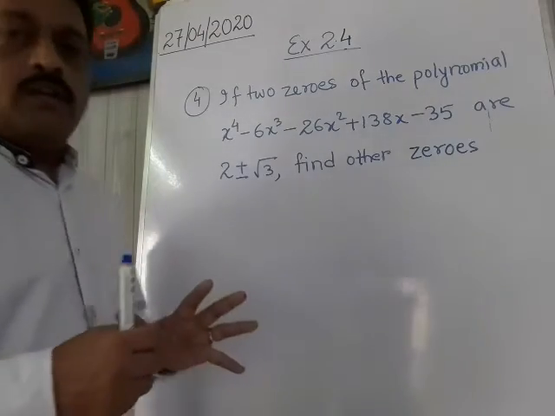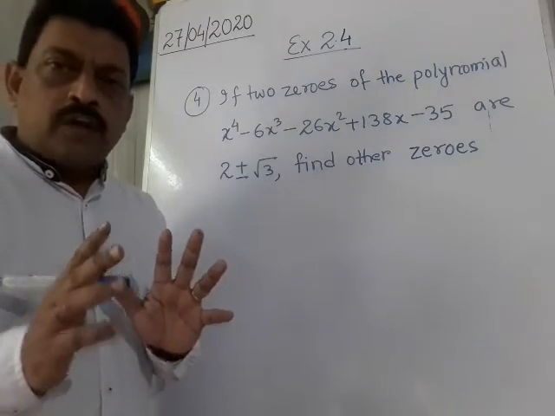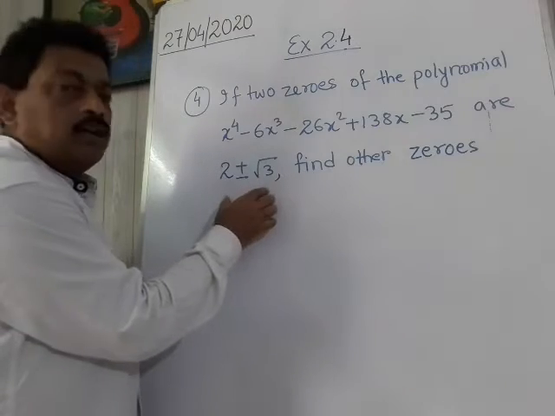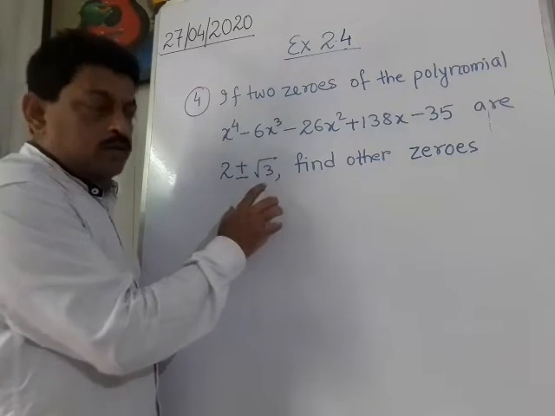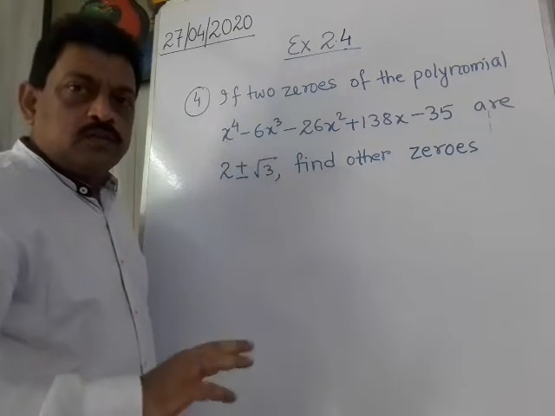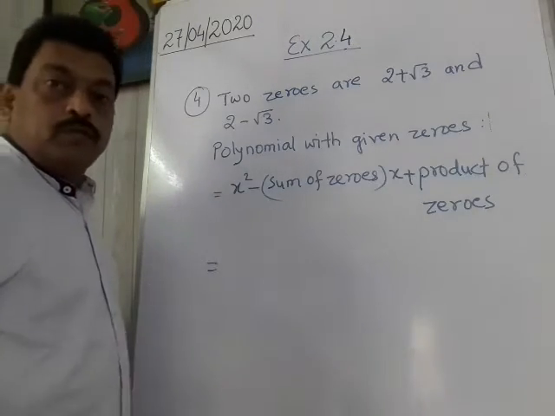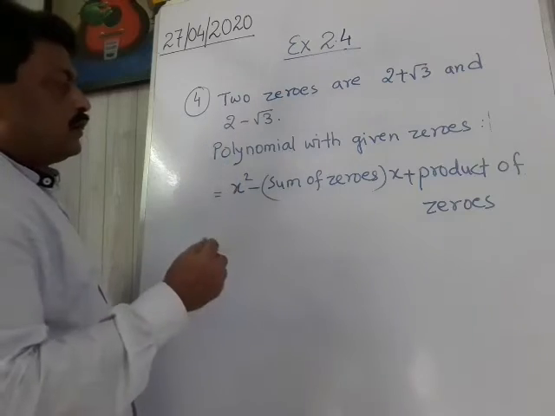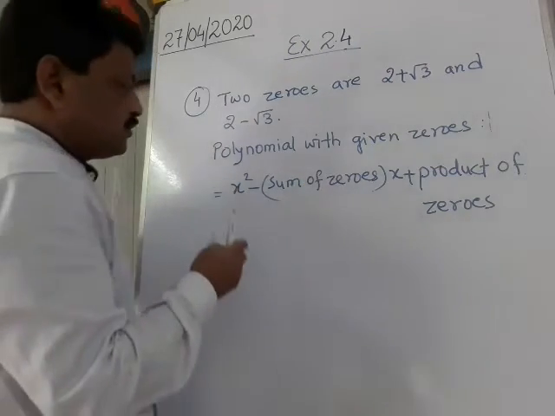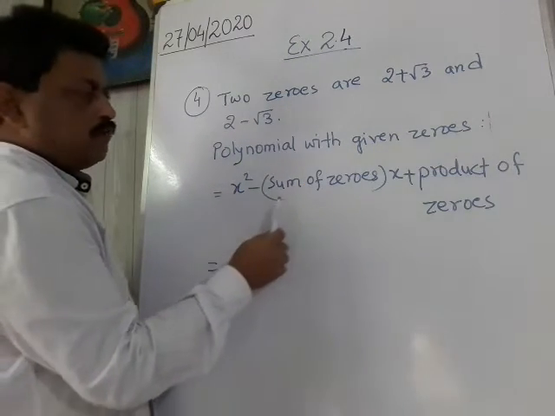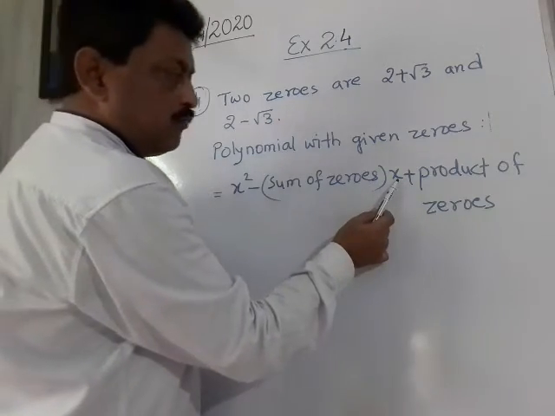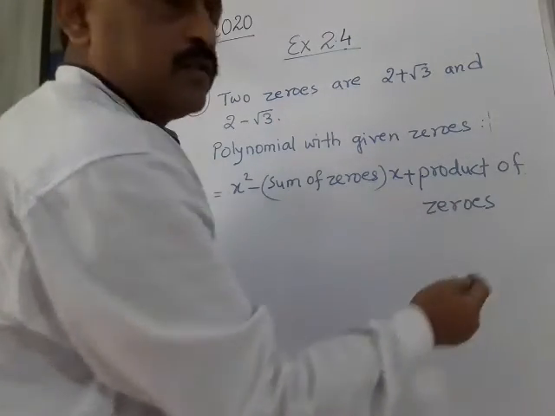So first of all, we have to make a polynomial with given zeros, and it was done earlier also. So let me show you. We know the formula that if zeros are given, then the polynomial with the given zeros equals x square minus sum of the zeros multiplied by x plus product of the zeros.